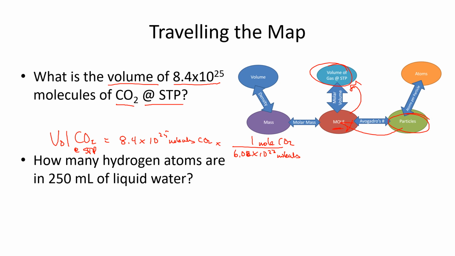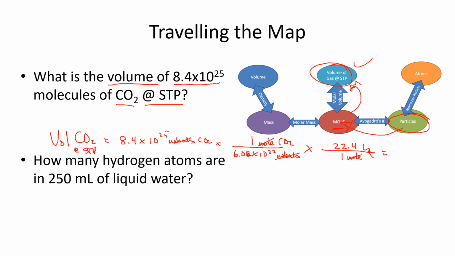So now we're at the mole here in the middle, and molecules cancel out. And we also know that at STP, there are 22.4 liters in every mole. So the moles will cancel out. And so with our calculator, we can work out, since we ended up with a volume here, it should mean we're done, and we've reached our destination here on the map.